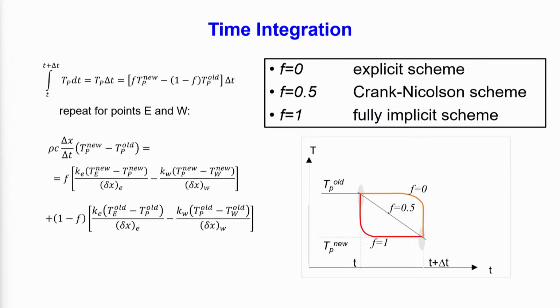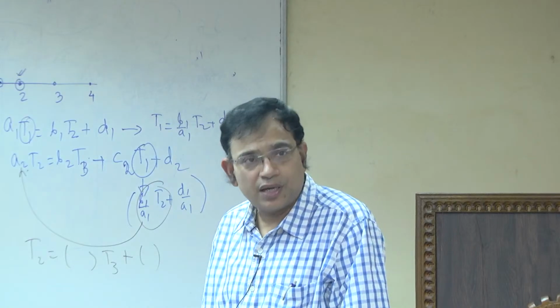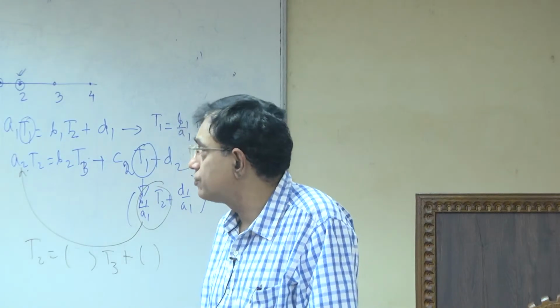In that way we can use the value of an interpolation function f, where f will tell how much weight there will be for the beginning of the time step value and how much weight there will be for the end of the time step value.